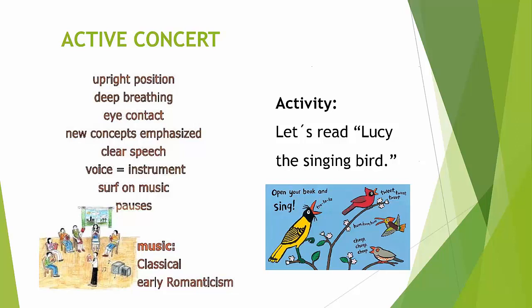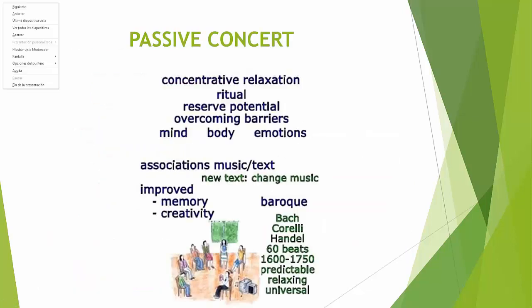Remember that when we develop the active concert, you have to consider all these things: repetition, deep breathing, eye contact, the concepts that you have to emphasize in the deciphering part, clear speech, voice as an instrument, some pauses, especially classical music. So next, what about the passive concert?